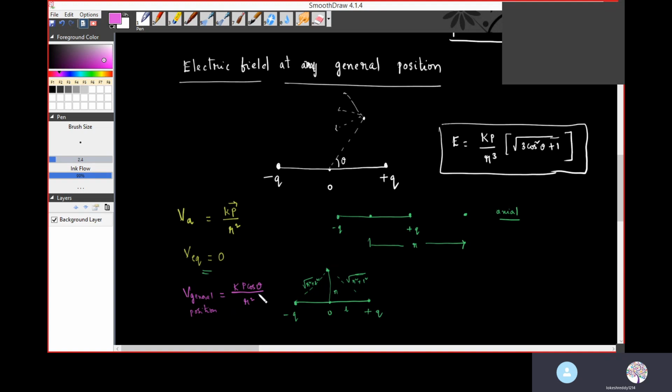Now equatorial position means theta is equal to 90, and cos 90 is 0, so this term will become 0. If you take the axial position, cos 0 is 1, so Kp by r square. So this is the axial position, this is the equatorial position, and this is any general position.